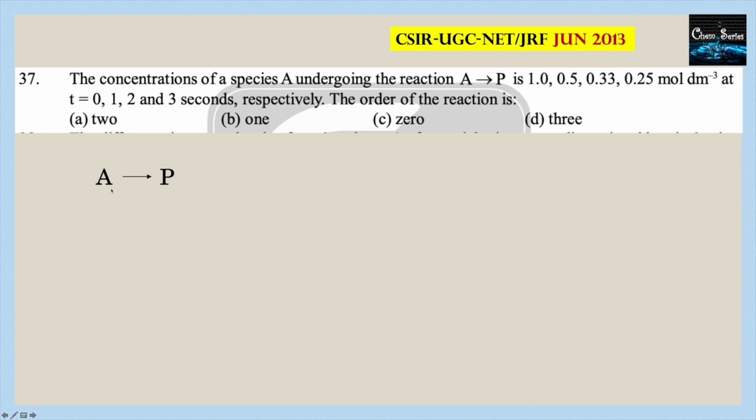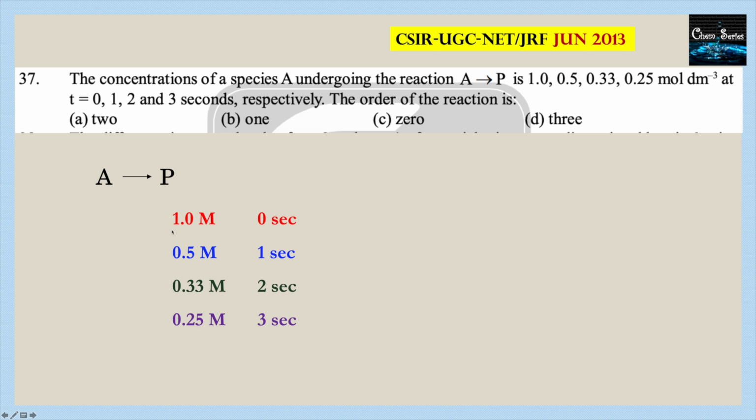You see, in this reaction, A gives product. These are the concentrations of the reactants, and 0, 1, 2, 3 seconds are the times at which these concentrations are formed respectively. Are you clear with the given thing? Fine.